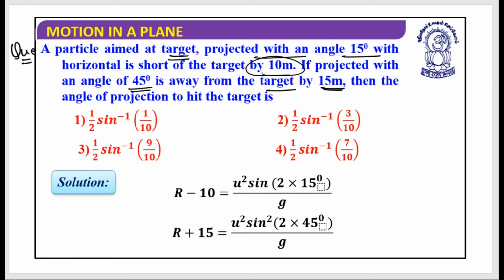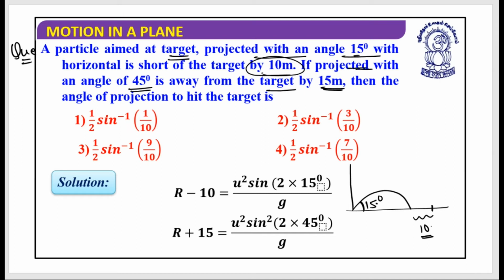So the situation is that, let's suppose, once it has been projected with an angle of 15 degrees and the target was here, it is short by 10 meters, and this angle was 15 degrees.